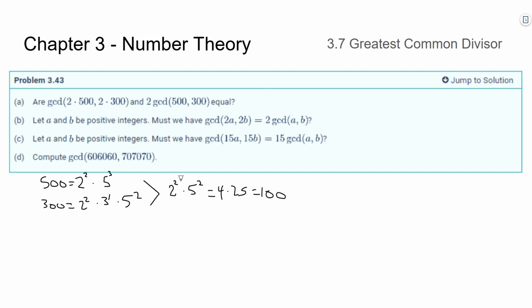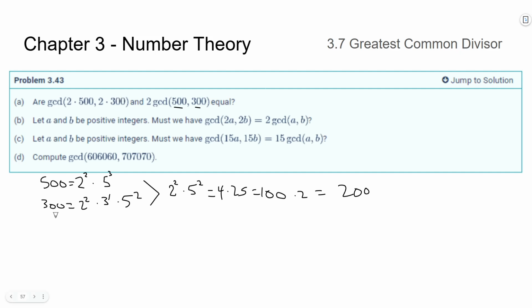And that makes sense if you just look at these two numbers, 100 seems like it would be a common factor. So that would be the greatest common factor for 500 and 300. So 2 times that would be 200.